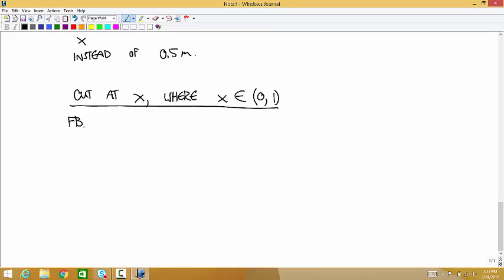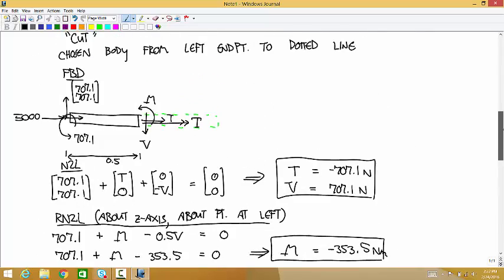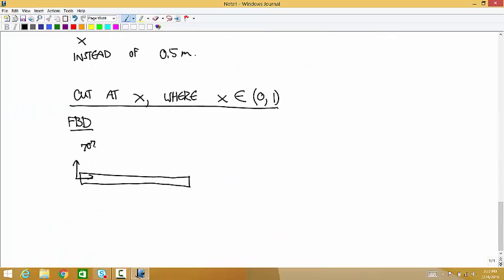So let's draw this free body diagram. We still, over here, have the external loads. Okay. And so all of these external loads are still the same. And now over here, we still represent the internal loads the same way.